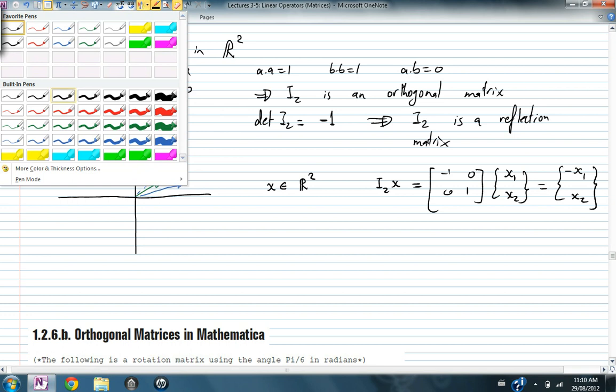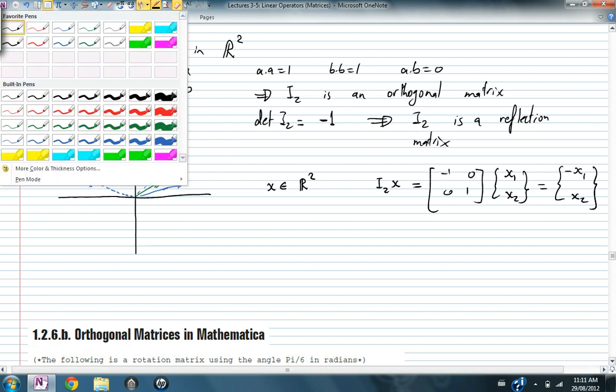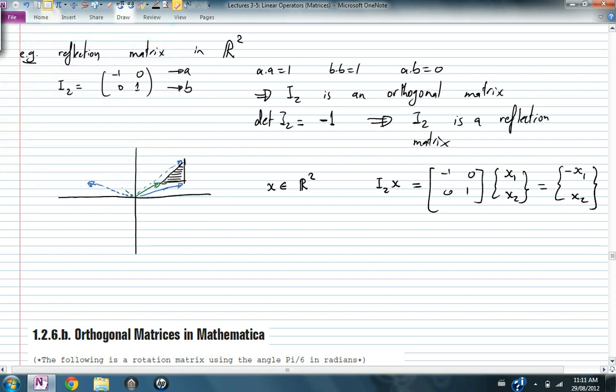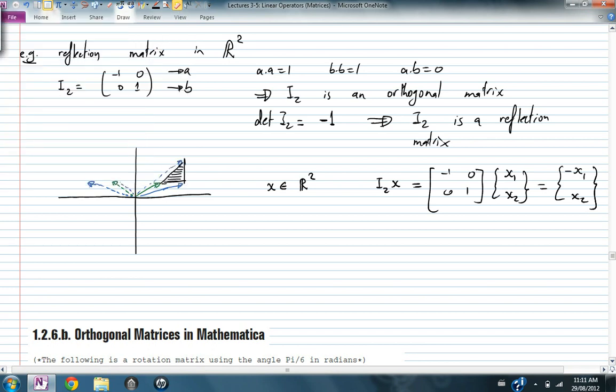So we'll take the first vector and we'll put it on the other side. Second vector, and we'll put it on the other side. And the third vector also, we'll put it on the other side. So what do you get? You get a reflected image of the original object.